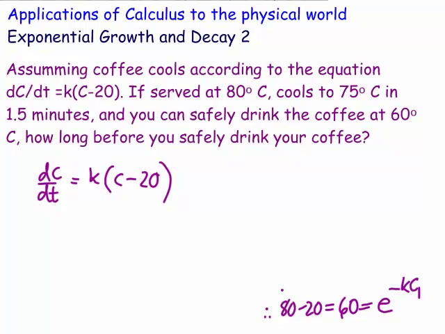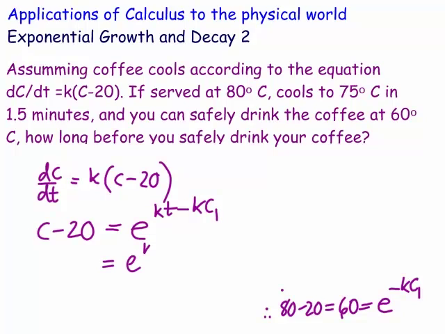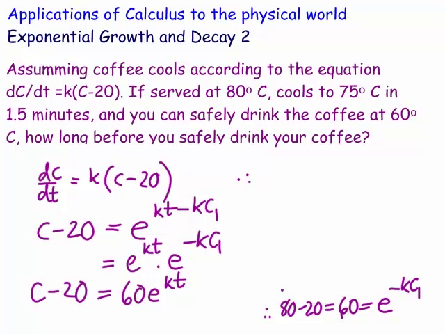We had C minus 20 equal to e to the kt minus kc1, which is just e to the kt times e to the minus kc1. We know that's 60, so we write that as 60 lots of e to the kt. And that's C minus 20. We put the 20 on the other side. Therefore, the coffee's temperature at any particular time is 20 degrees plus this cooling exponential.